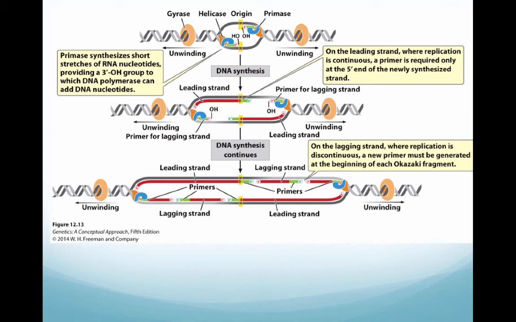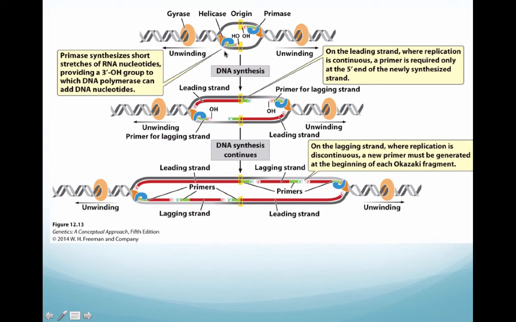That single strand is going to be stabilized by single-strand binding proteins. And then we have primase that is going to come in and synthesize a short chunk of RNA material as the starting point for the newly synthesized DNA strand. So that is what DNA polymerase is actually looking for.